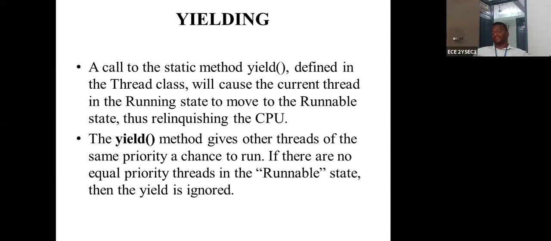Suppose two threads are there, one with the highest priority and the second with the lowest priority. To make the other thread an equal priority, we can use yielding. By using yielding, the priority levels of the two threads are made equal. This is called yielding.